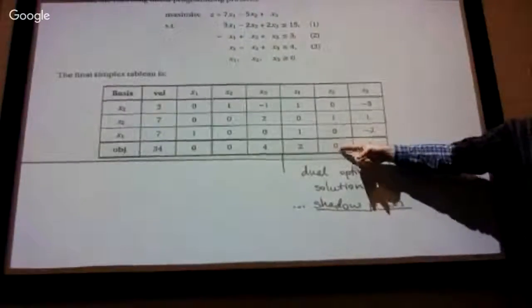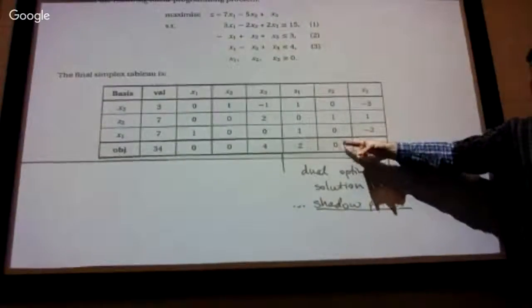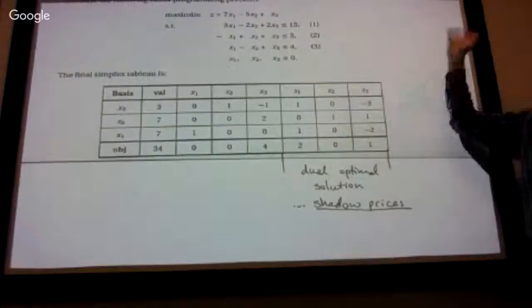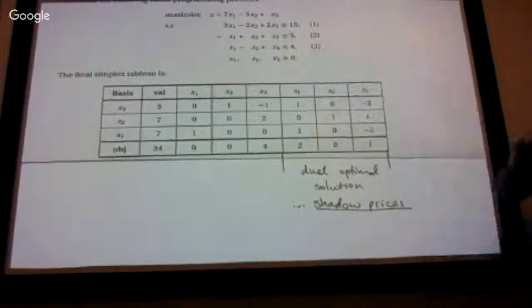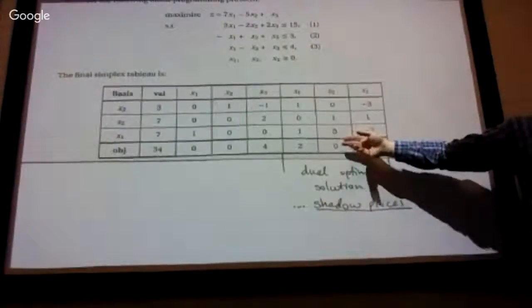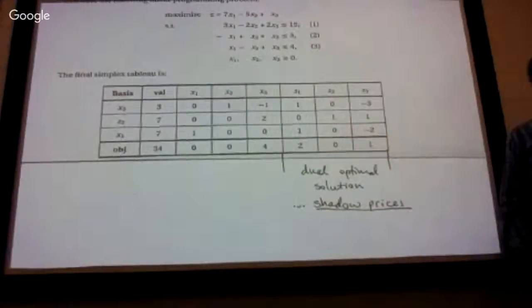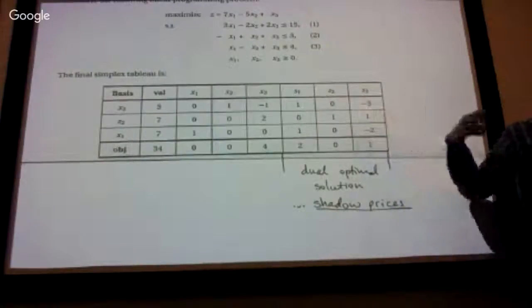Does that make any sense? If I start increasing this 3, I'm not getting any extra profit. Why is that? Obvious.